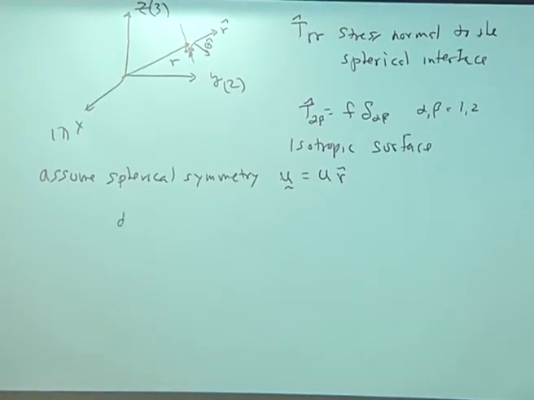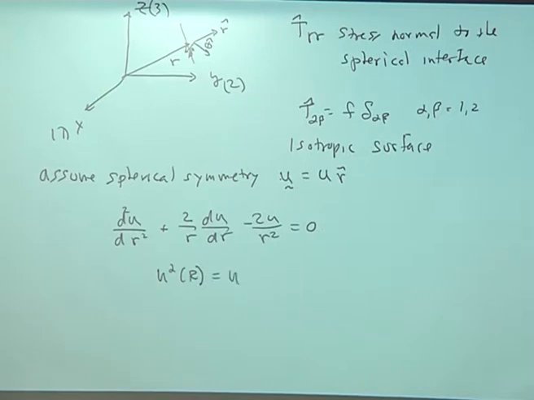That complicated differential equation that I showed you before, Navier's equation, simplifies down to just an equation that equals 0. So that has to be satisfied for elastic equilibrium. And you get that u alpha, evaluated at the surface of the particle, has to be equal to u beta, evaluated at the surface of the particle, and TRR beta.